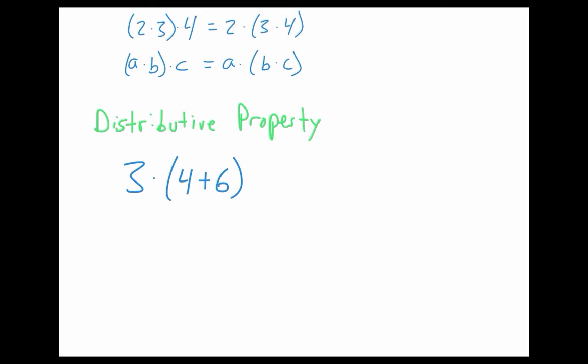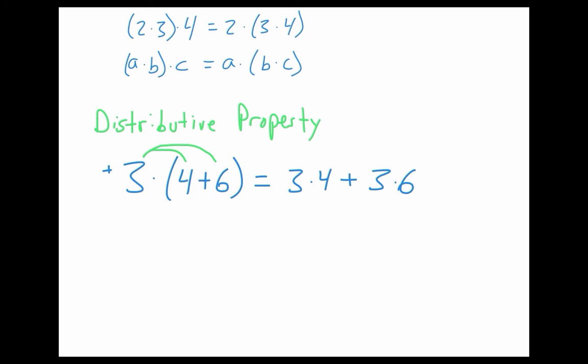So what distributive property does is it says, okay, 3 times 4 plus 6 in parentheses is the same as 3 times 4 and 3 times 6. So in other words, that's going to be a 3 times 4. And then I still have this positive 3 times a positive 6, so it gives me a plus 3 times 6. So it shouldn't matter which way I do my problem.